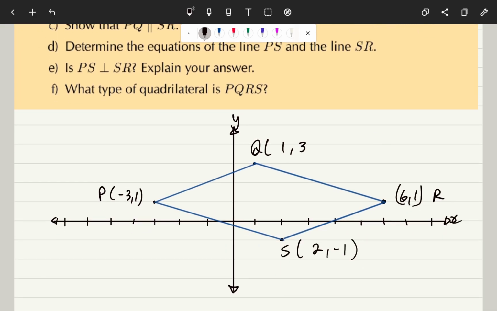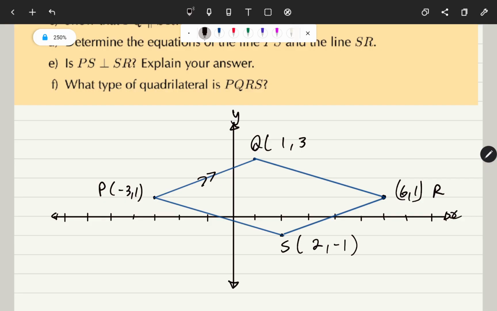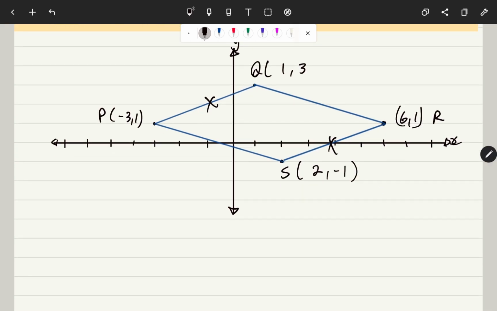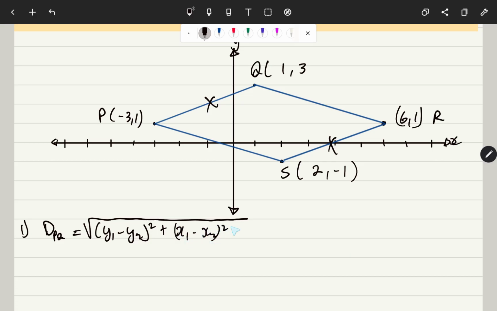So this is PQ and this is RS. We have to calculate the length. We're going to use the distance formula, of course. So for the first question, distance of PQ is going to be the square root of, just to be safe, I'll write the formula: y1 minus y2 squared plus x1 minus x2 squared.